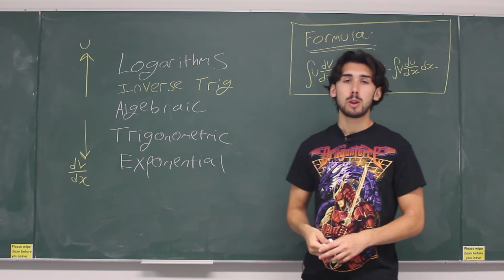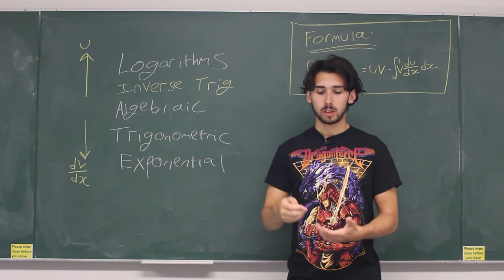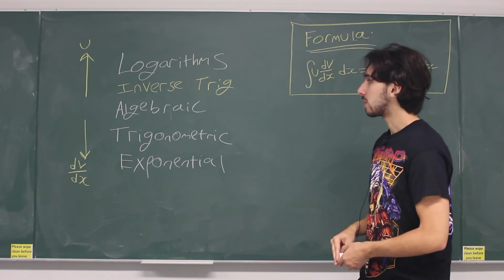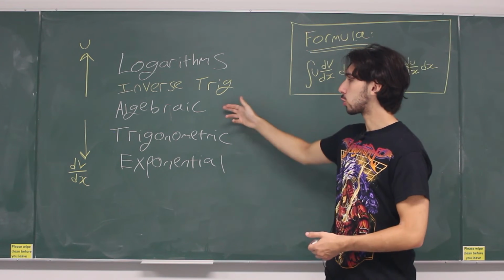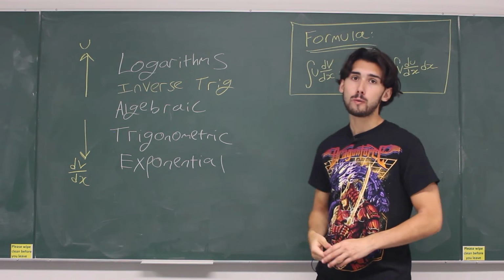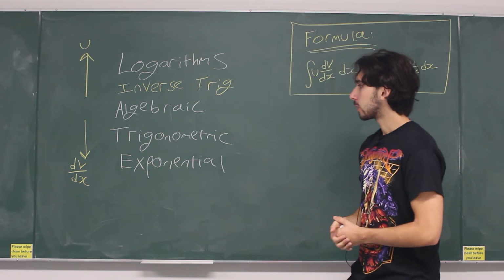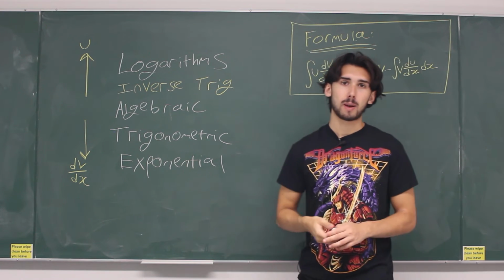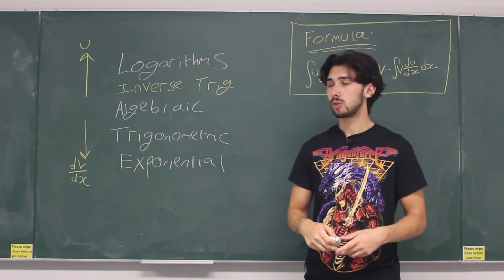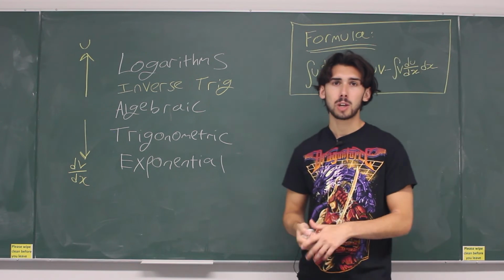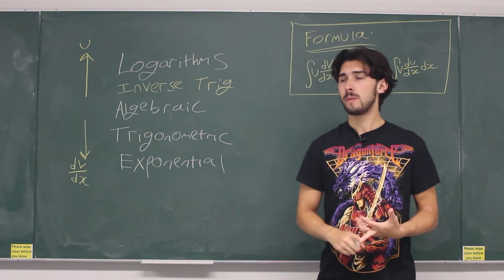Algebraic functions are powers of x, polynomial functions. So things like x squared, the square root of x, 1 over x, basically x to a power. Trigonometric functions are also self-explanatory: sine, cos, tan. You can also have the weirder ones, cosec, sec, cot, all of those.